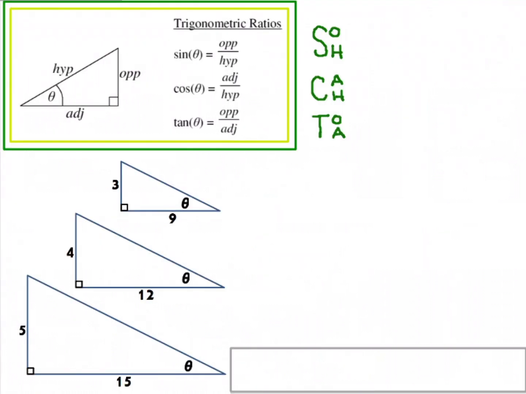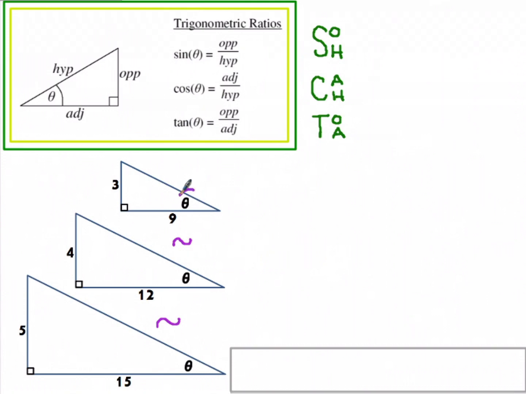I have three triangles down here, and I don't know if you noticed, but these are all similar triangles by side angle side. They've all got the right angles, and then these two sides on the sides of the right angles are proportional on each one. That's not super important right now. What I want to do is set up our first trig ratio for this top triangle.